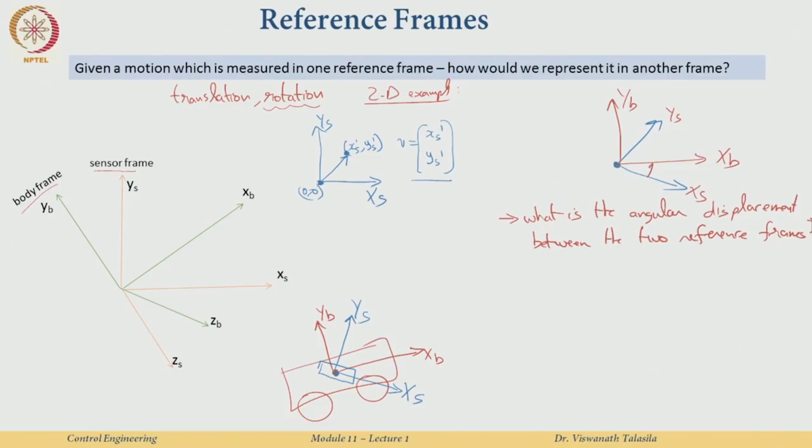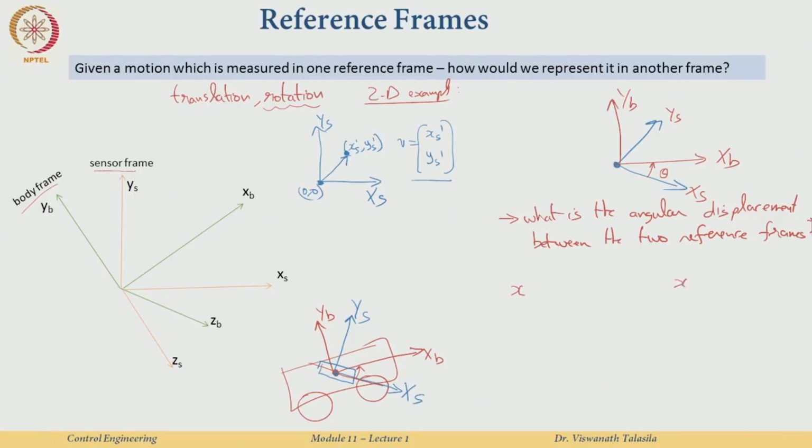If we know this angular difference, let us just call it theta, and we are able to measure this theta, we know exactly what we need to do. Let us say our gyroscope is able to measure this theta, or we know it from a third sensor, or we have manually measured it ourselves, that the two axes are deviated by theta. You can actually put some sensors over here and say that there is an angular displacement between these two reference frames. Once you know that, you are just going to do the following.